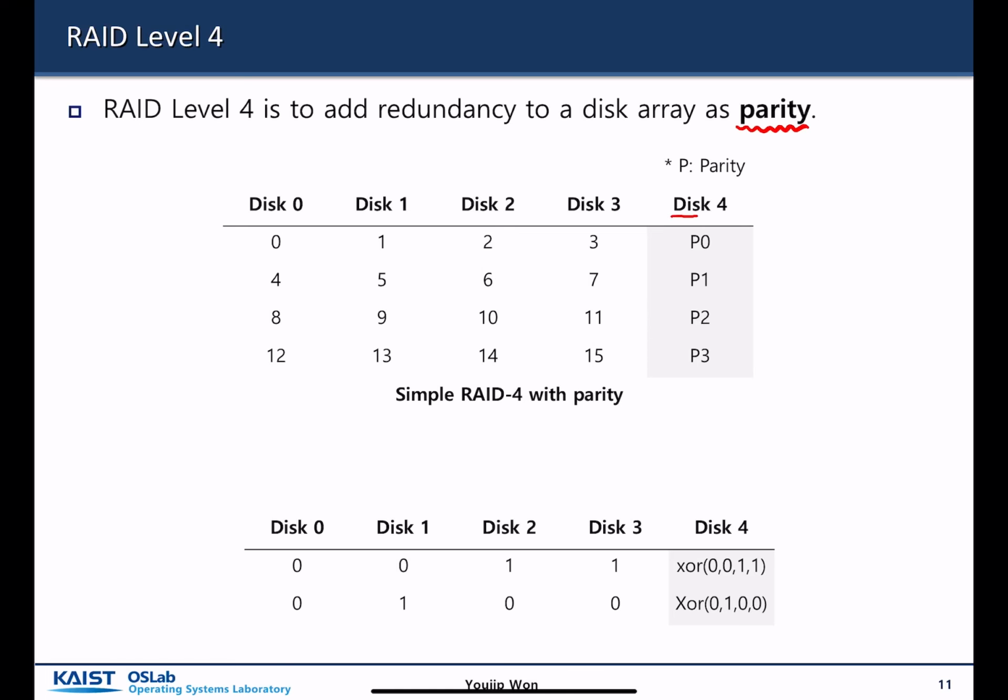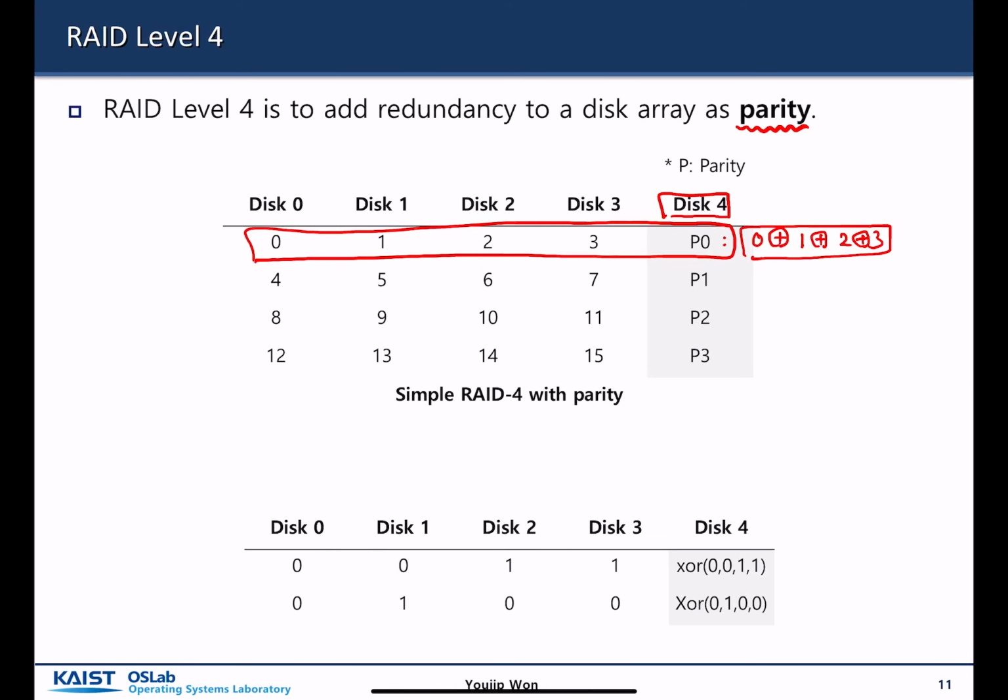Disk 4 contains the parity of all the blocks in the stripe. So here, parity 0 is computed from block 0, 1, 2, and 3. Within a single stripe, the parity block contains the parity of the rest of the blocks.